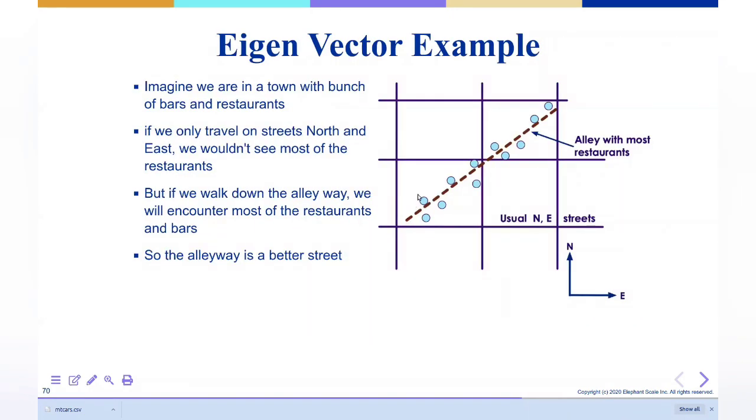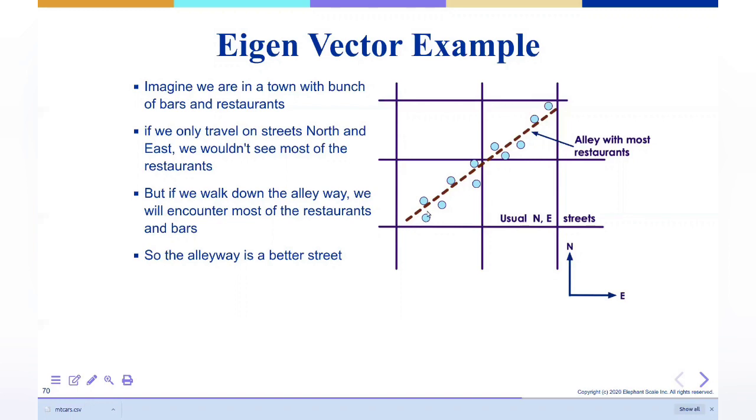So imagine this. Imagine there's a town which has roads running north to south and east to west, but there's an alleyway running diagonally like this. And let's say most of the restaurants are in this alleyway. Now, if you're only walking north to south and east to west, you're not seeing a lot of restaurants.